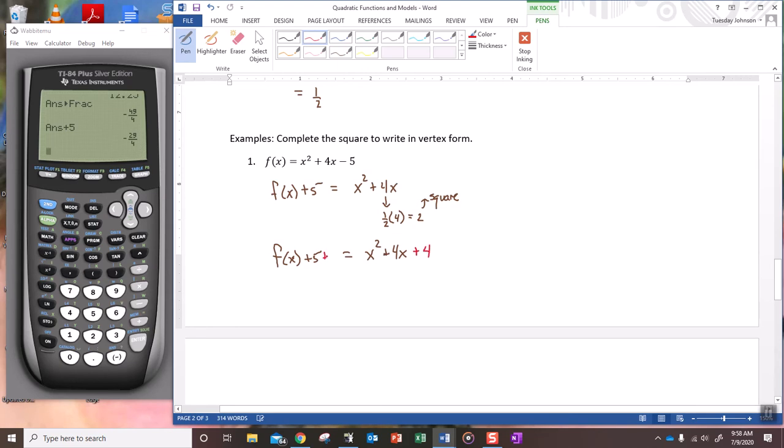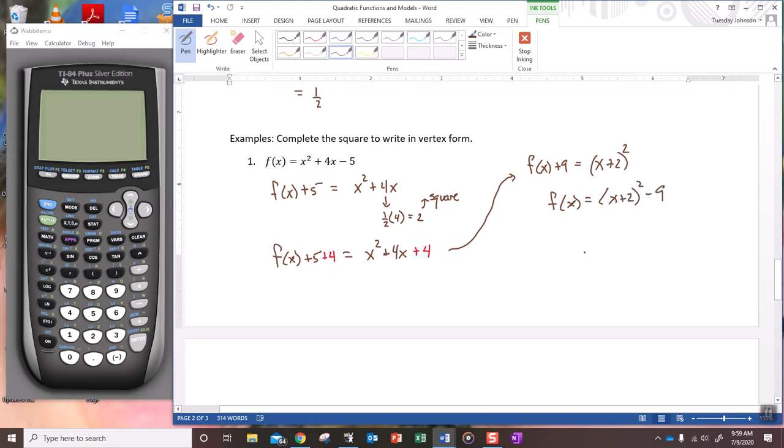When I add 4, I add it both places. So on the left, I'll now have f of x plus 9. On the right, I have exactly the right value so that I can factor into a perfect square binomial, a binomial squared. And subtracting 9 from both sides, I can now have my vertex form.